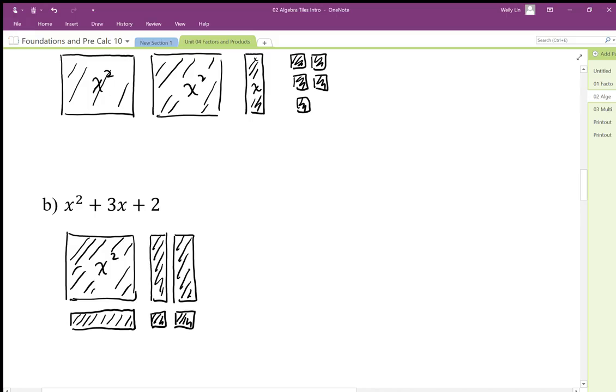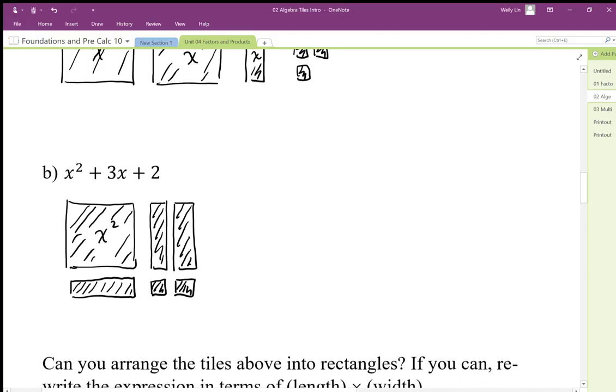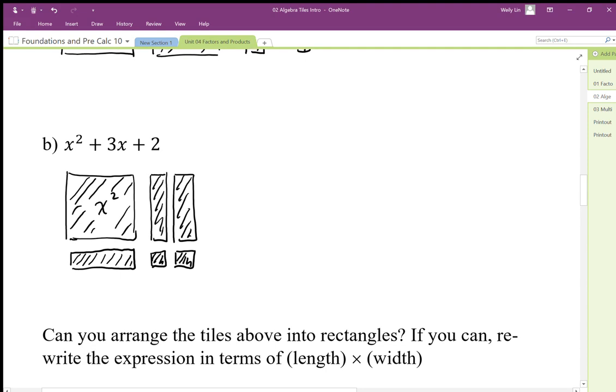The nice thing about that is, if it's a rectangular shape, we know that it has a length and width, and if it has a length and width, we can write it as multiplication, because these are the area pieces. I've got the area of x squared plus 3x plus 2. That can be made by using a length and width. The length along this edge is going to be x.